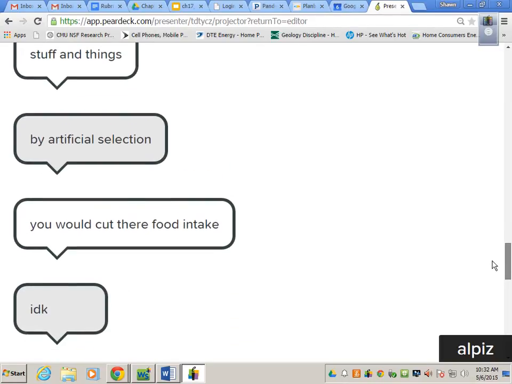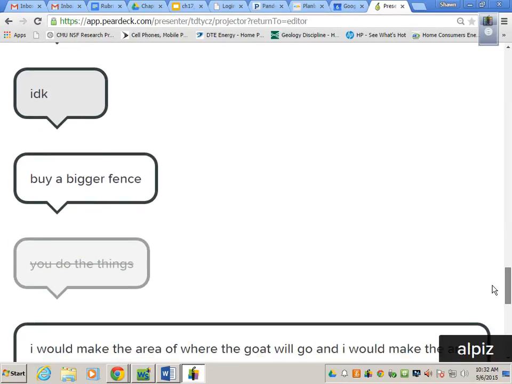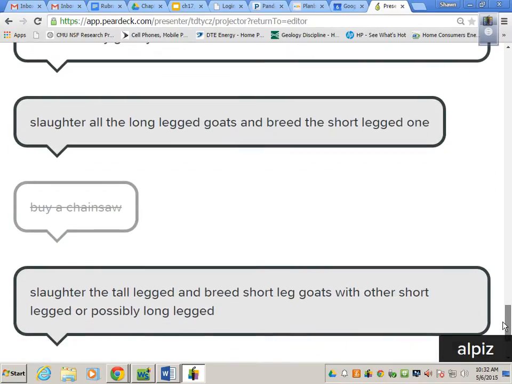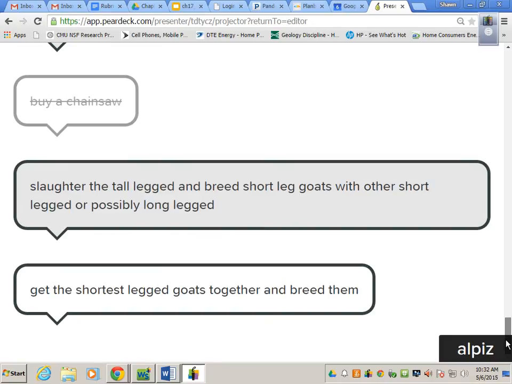Stuffing things? Oh my word. Reduce their food and starve them. Okay. A lot of killing going on here. Okay. Yeah, right?